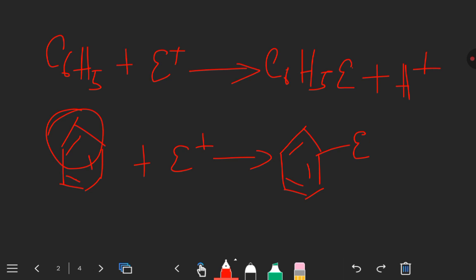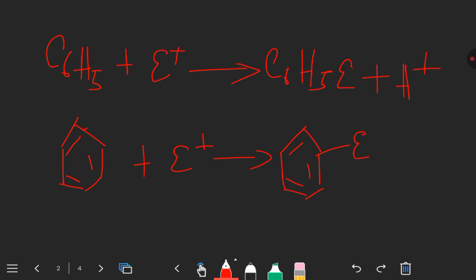It is due to this electron-rich density that it is able to attract these electrophiles, which are positively charged or electron-deficient species. Because these pi electrons are delocalized, they are able to attract these electrophiles. That is the simple concept which we must understand there.